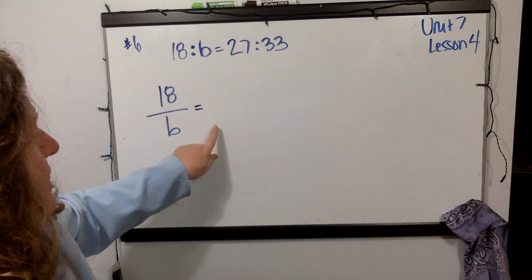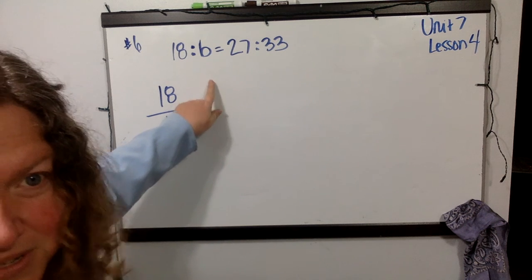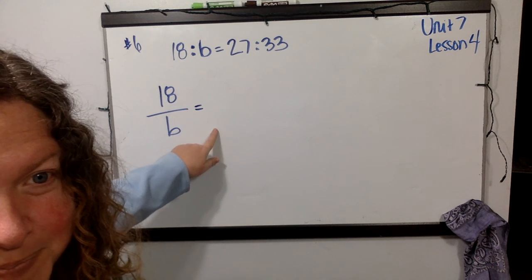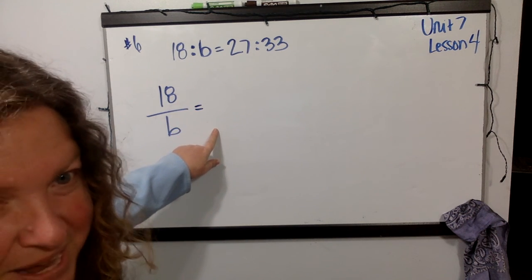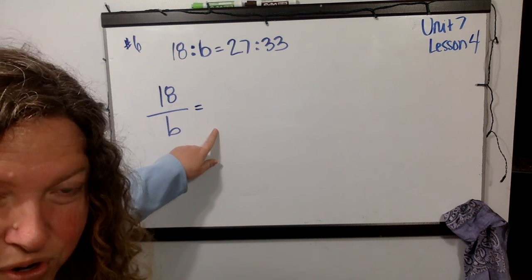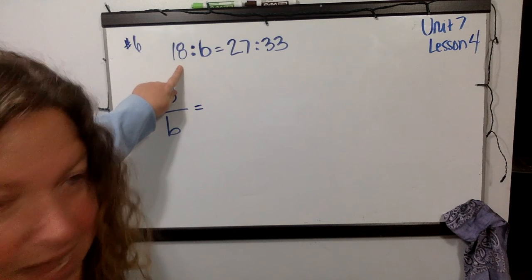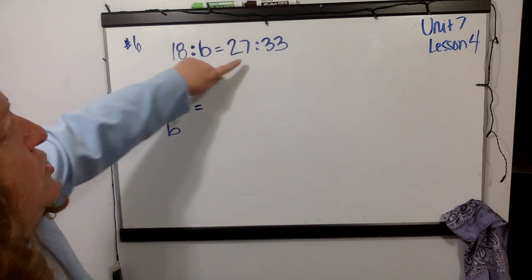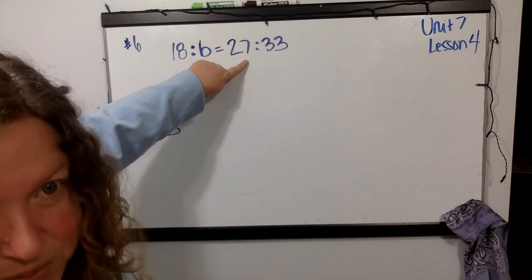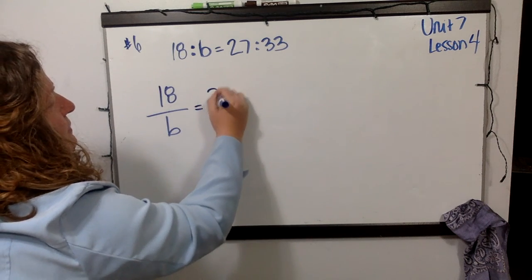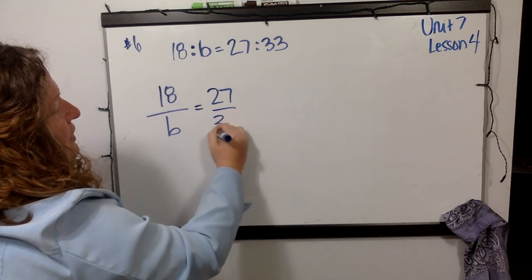Does the 27 have to go here or here? Does it go on the top or the bottom? Remember, it has to be in the same order, in the same relationship as this one. So this one, we put the 18 on top. So the 27 is the first one in this relationship. It's got to be on the top.